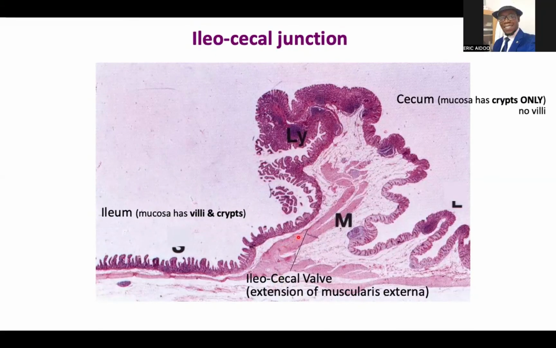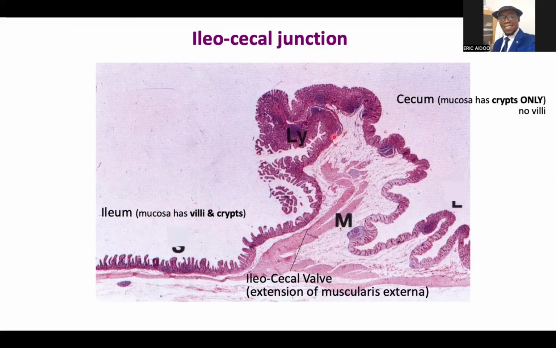Usually the inner circular muscle participates prominently in the formation of the junction. So this forms something like a valve.